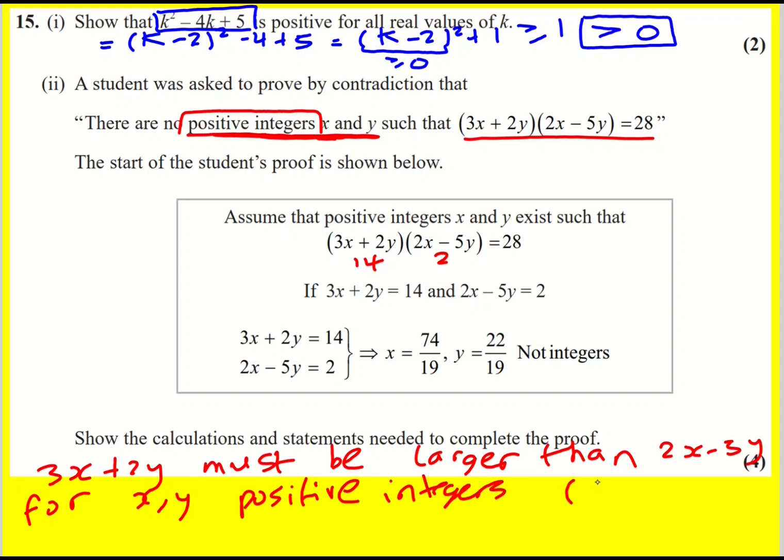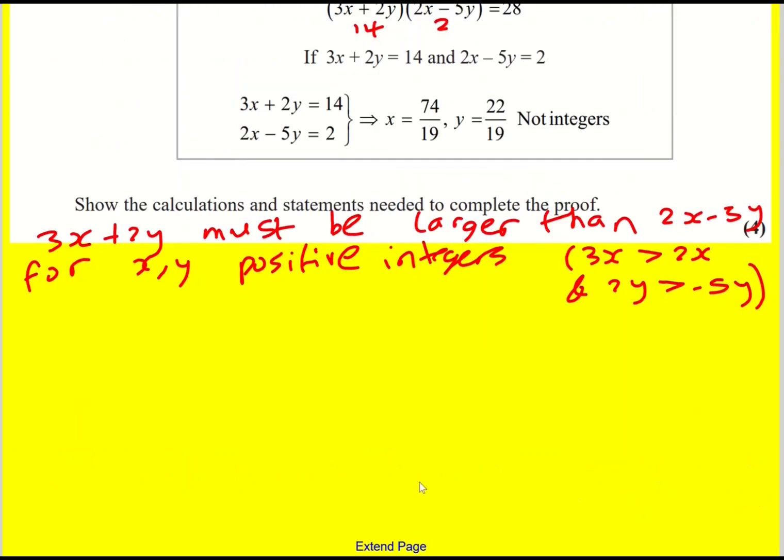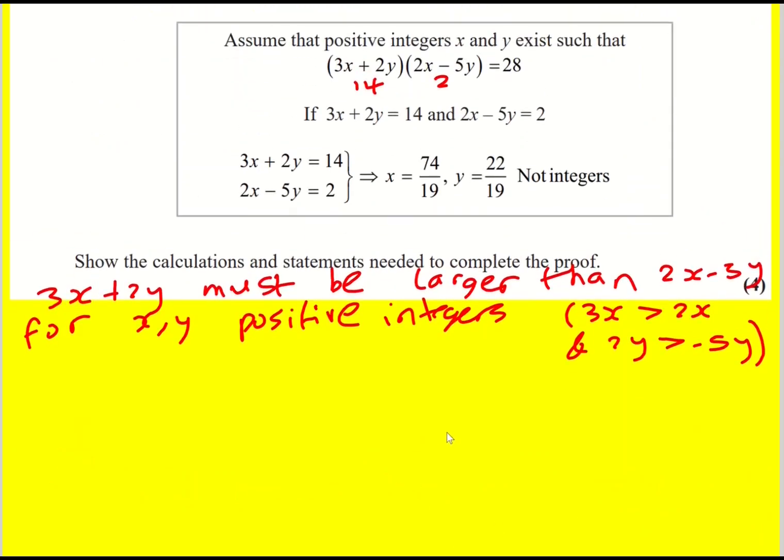Okay, maybe I will explain it. 3x is greater than 2x, and 2y is greater than minus 5y. There we go, that's enough justification. So I only need to check factor pairs where 3x plus 2y is the bigger factor.